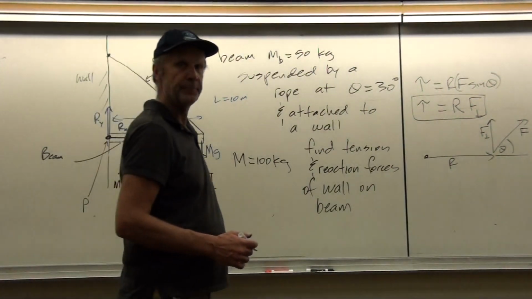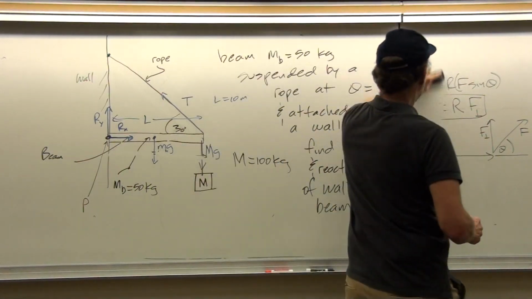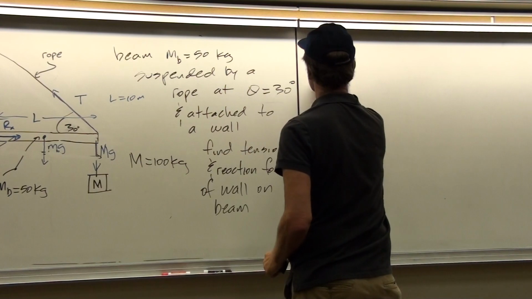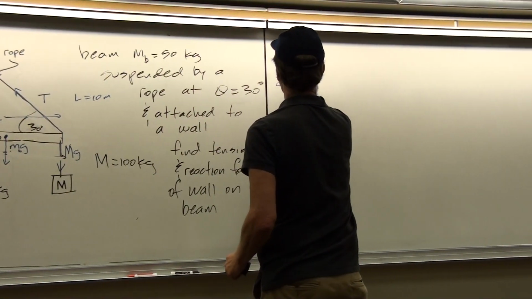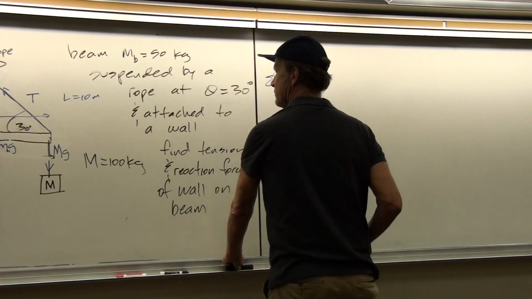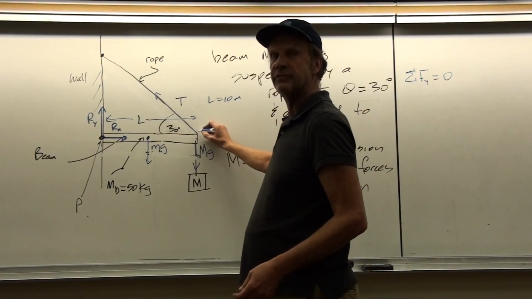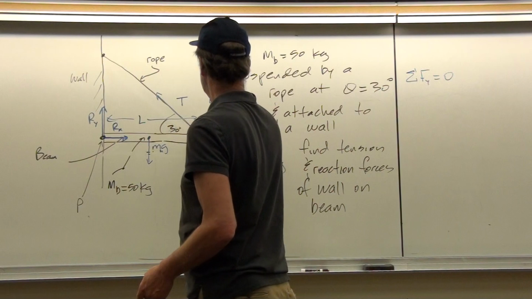So the first thing that I would recommend is that we do our sum of forces equations, because those we're more used to. So we'll set the sum of the y forces equal to 0. Okay, but in order to do that, we have to break up the tension vector into x and y components.